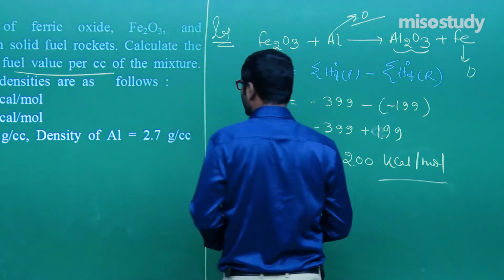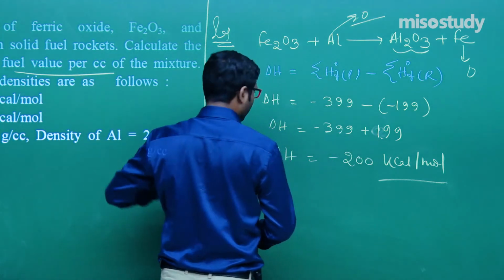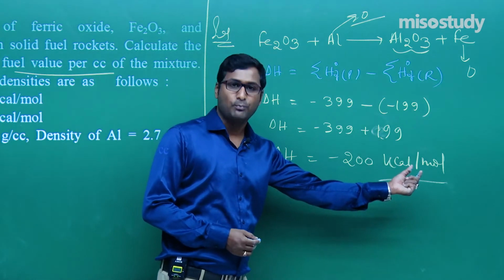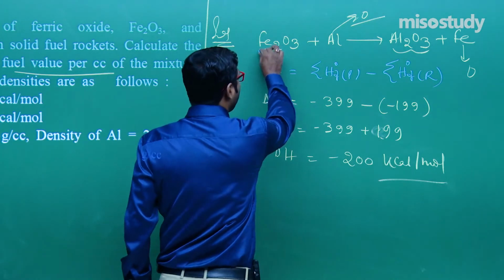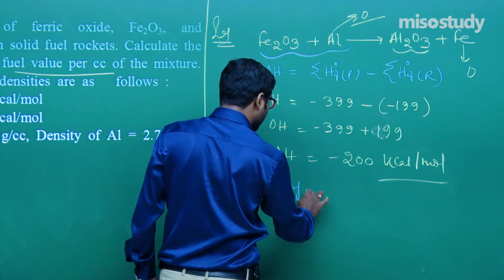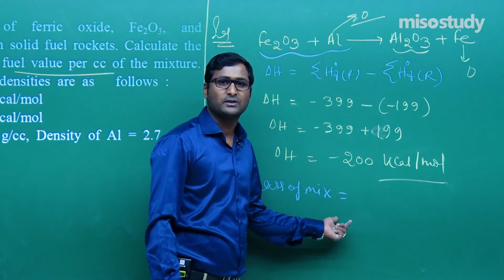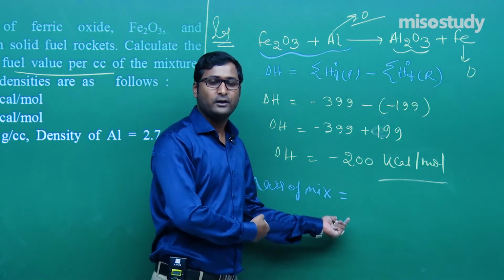Now in the question it is given to calculate the fuel value per gram. We have to convert per mole into per gram. So what is the mass in this case? Mass of the mixture, tell me. Sir, it's very easy. Now tell me, friend, what is the mass of the mixture? I am asking you. You have to reply.